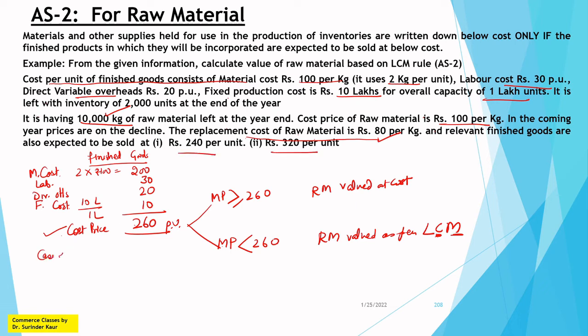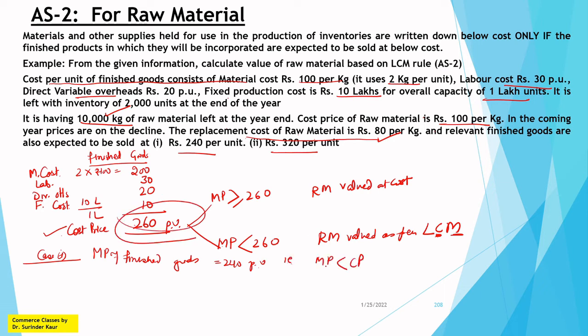So case 1: if the market price of finished goods is 240 rupees per unit, since the cost price is 260, the market price is below cost price. You are not going to cover full cost. So raw material will be valued at the least of cost or net replacement value.